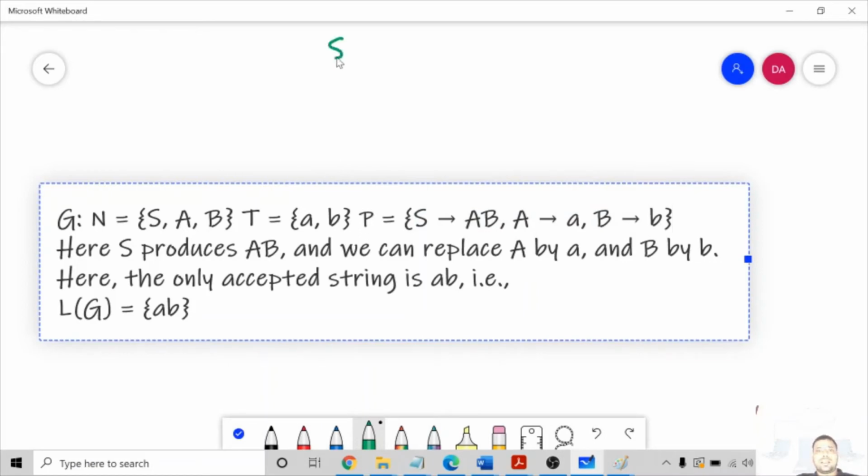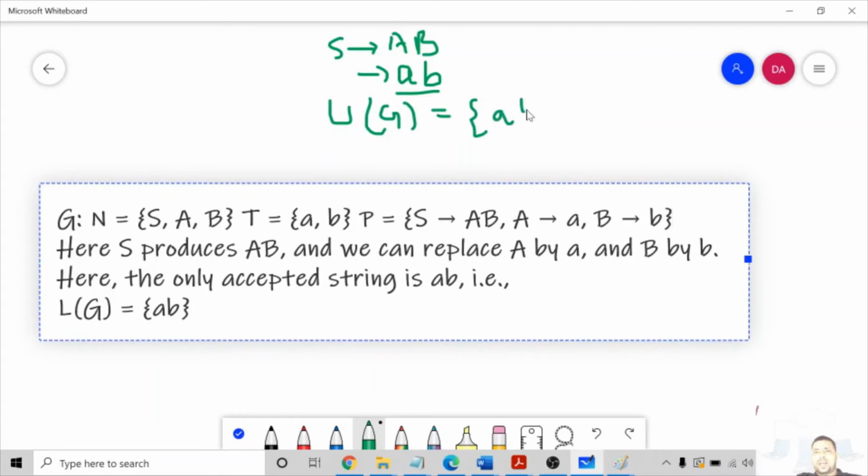So S here derives AB, and from this A you can derive small a. So this is a terminal, means you cannot apply further production on a terminal. You can apply production on only non-terminals. So B can be derived and then in next we can derive small b. So the language generated by this grammar is ab.